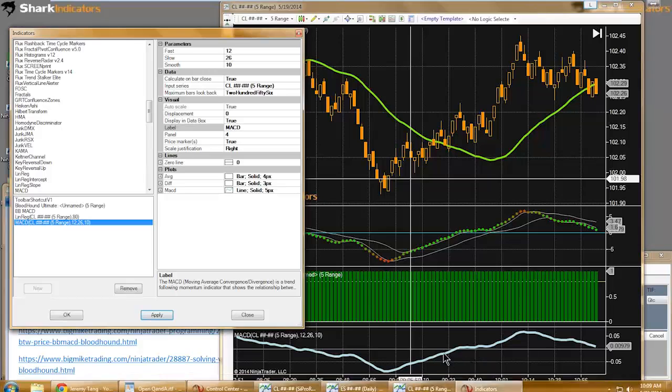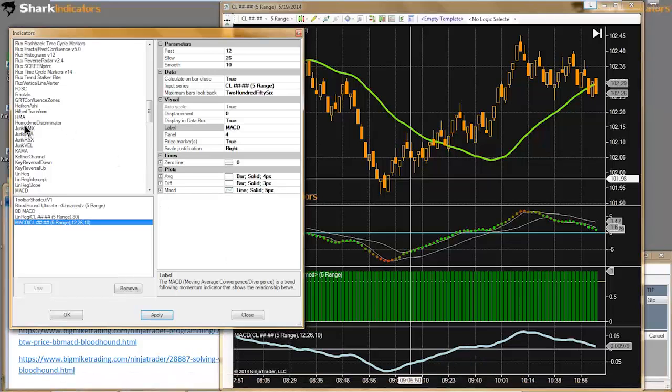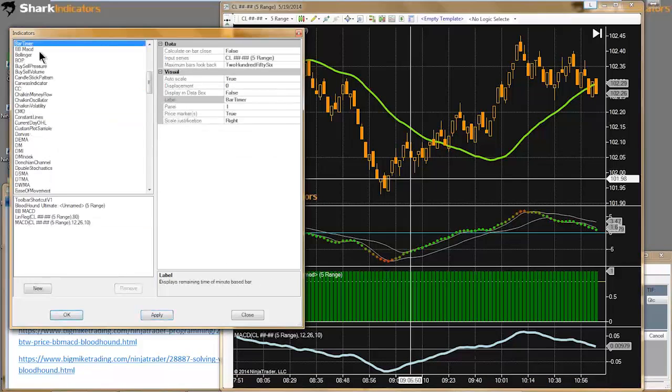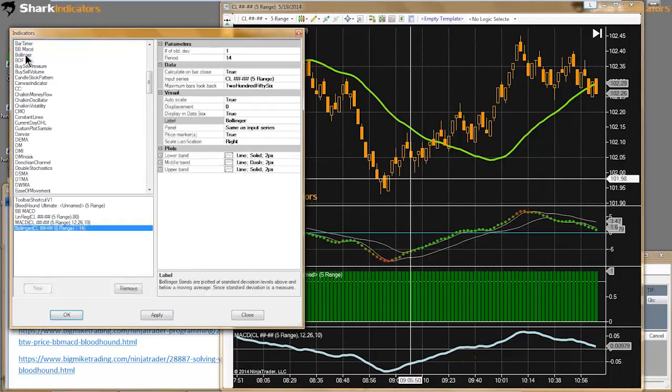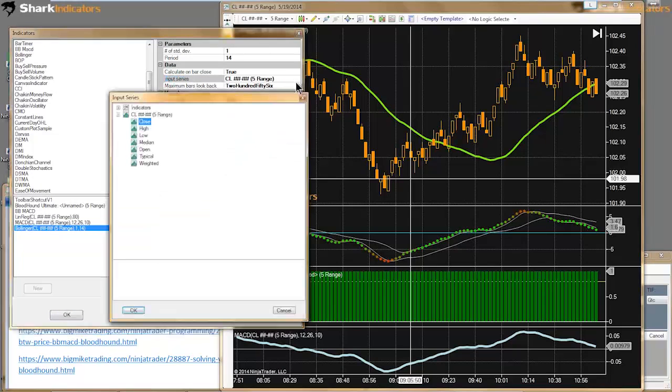Alright, so we have our MACD line on the bottom there, and now let me add the Bollinger Bands. And we're going to feed the MACD into the Bollinger Bands.